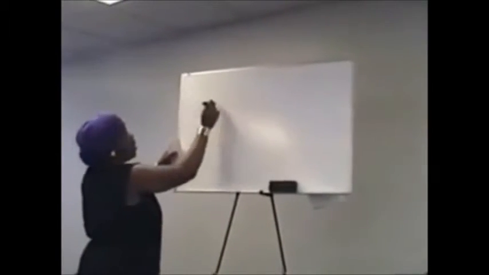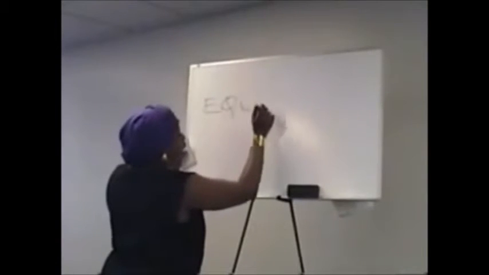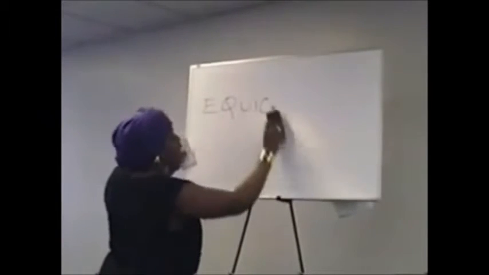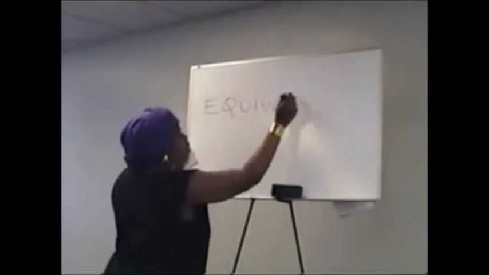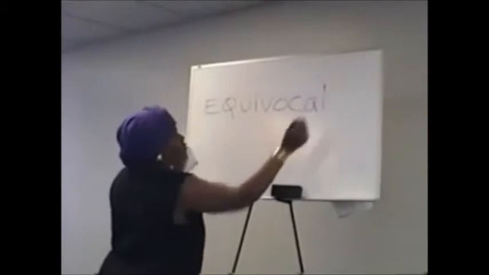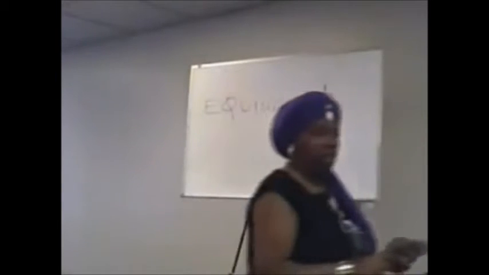All right, one of the things that we need to know about English is that it is an equivocal language. I would like for you all to turn in your dictionaries to the word equivocal. E-Q-U-I-V-O-C-A-L.